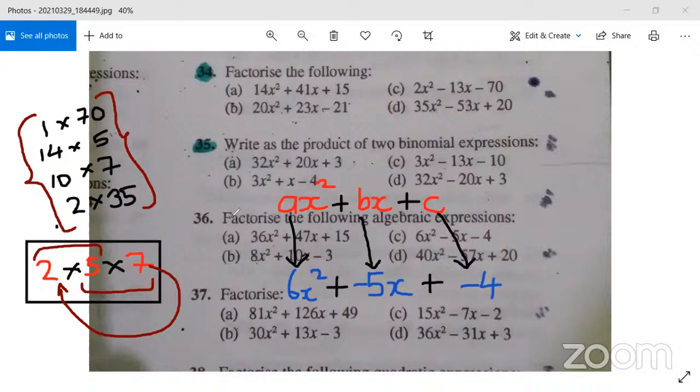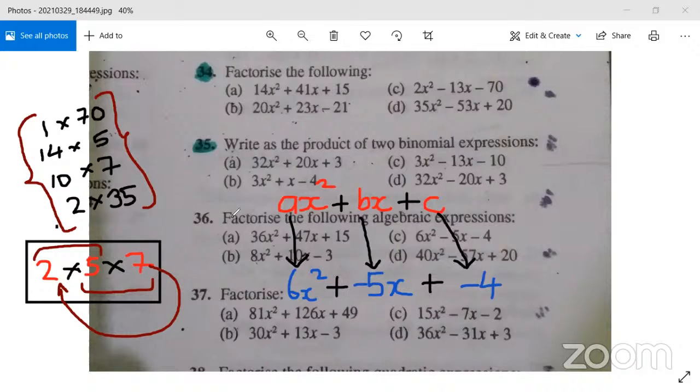The A's, most of the time, you don't get a negative A. It does happen, right? Because you do have quadratic expressions that have what you call a maximum value instead of a minimum value. So as a result, you will have negative A's in front of the x squared.